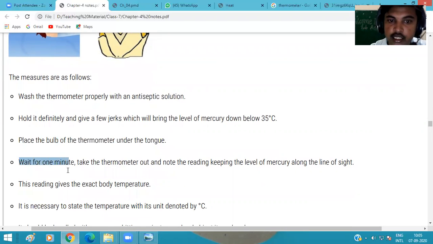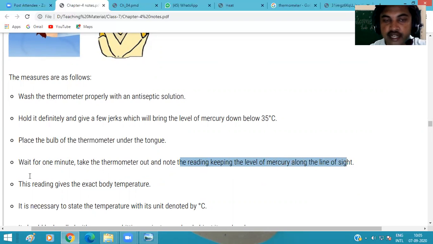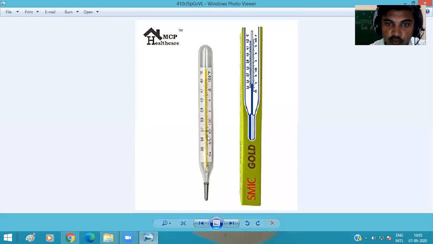Wait for a minute. Take the thermometer out, and note the reading of the level of mercury along the line of sight. It means in the thermometer we see the line where the mercury has paused.